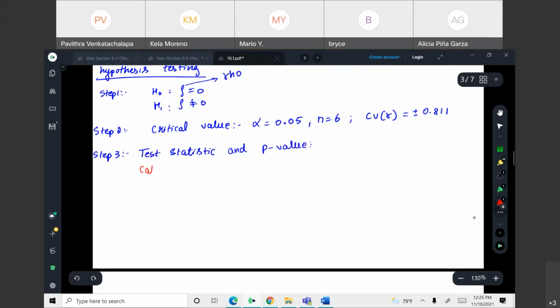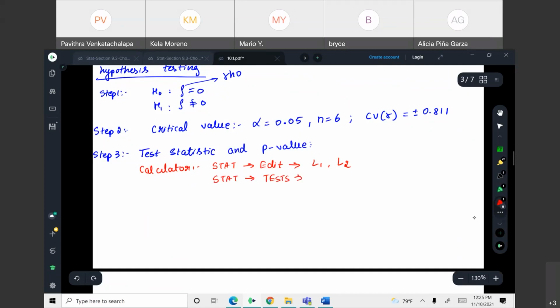Just give you the steps here in a calculator. Stat, edit, and you are going to enter L1, L2, and once you do that, go to stat, test.